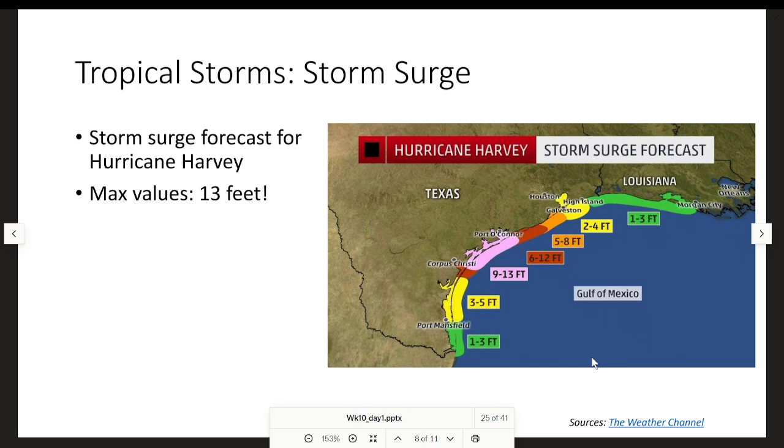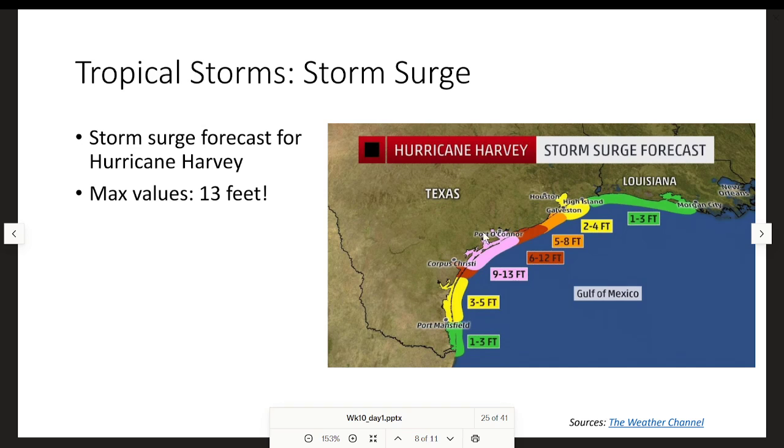Okay. Here's the storm surge forecast for Hurricane Harvey. The max value was 13 feet, about right here. So wherever the coast normally is, where it's 0 feet of water, now you have 13 feet of water.